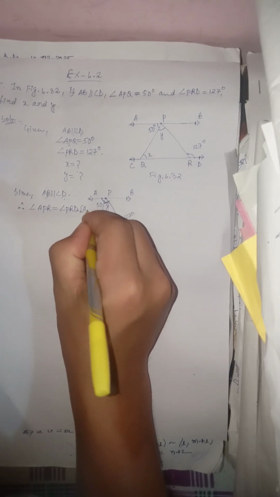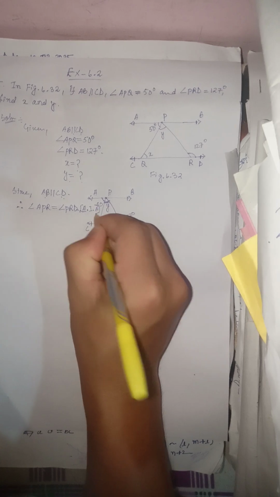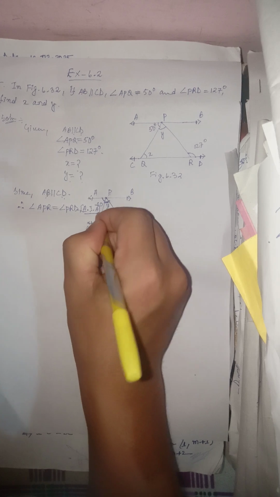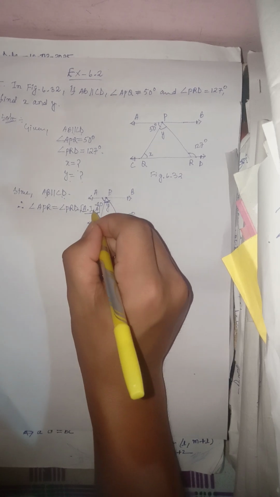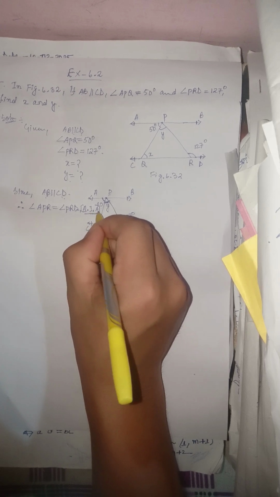Angle APR equals angle PRD, by AIA. Let me write it in short form: alternate interior angle. Whenever it's time for your exam or whenever you solve this problem, you should write it in full: alternate interior angle.